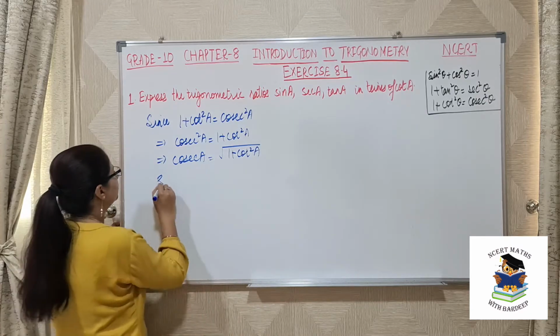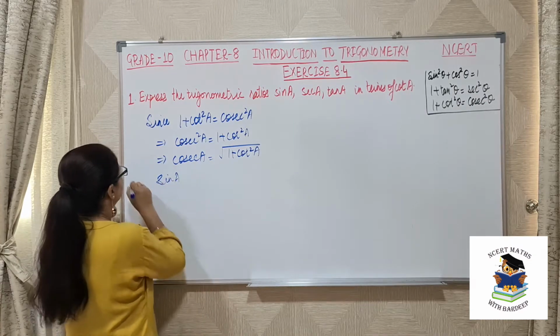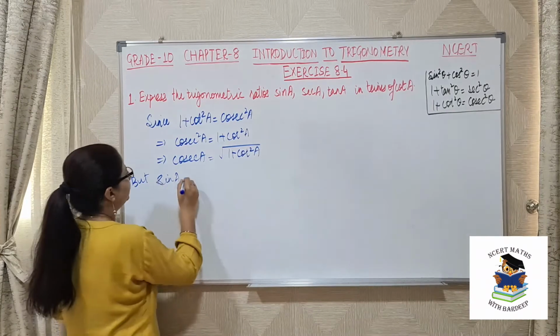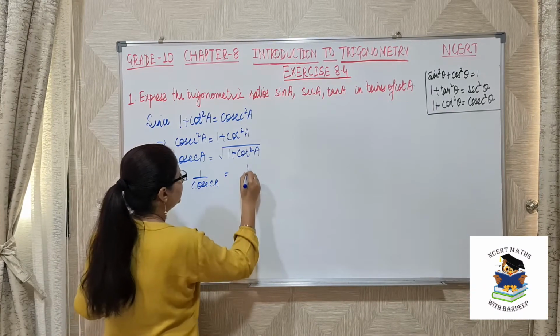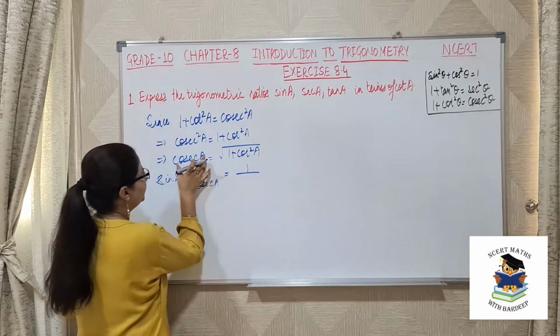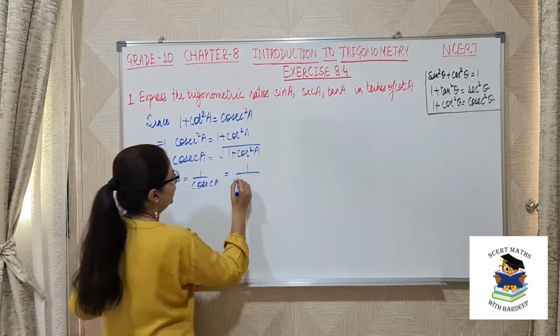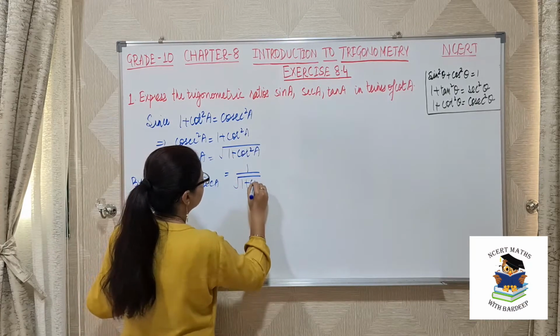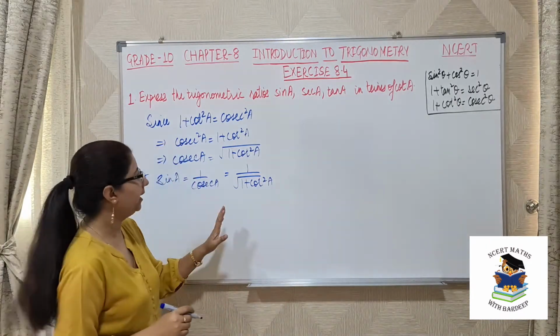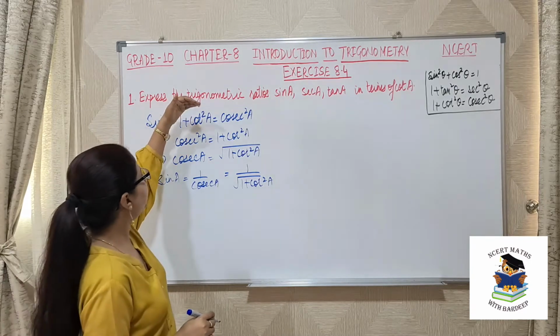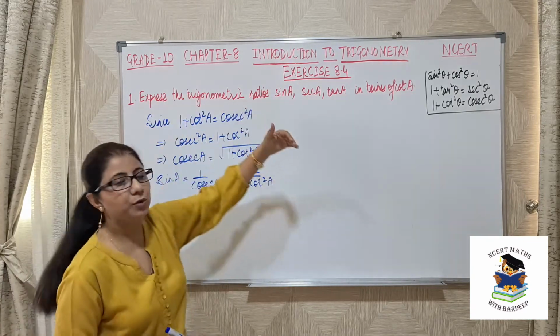Sine A is equal to 1 over cosecant A. So this is equal to 1 over, in place of cosecant A, I will write this value, that is square root of 1 plus cot square A. Clear?